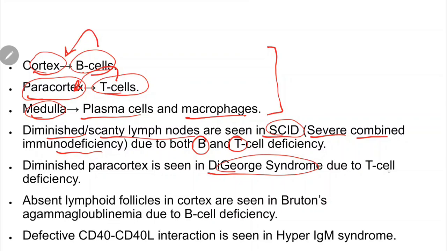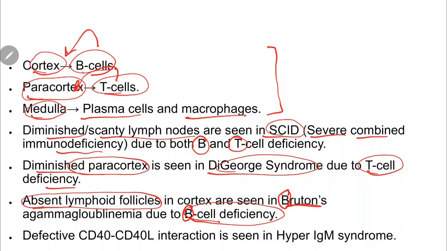In DiGeorge syndrome, since there's a T cell deficiency, you will have a diminished paracortex. In Bruton's, since you have a B cell deficiency, right, you can remember B in the Bruton stands for the B cells. So in Bruton's, you have B cell deficiency that leads to absent lymphoid follicles in the cortex because you have no B cells to start with.